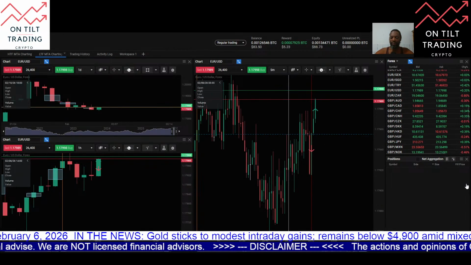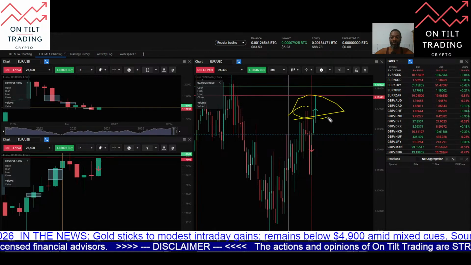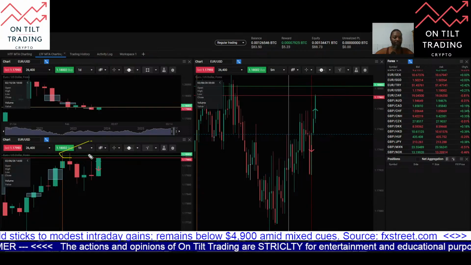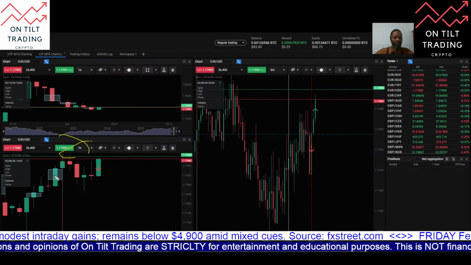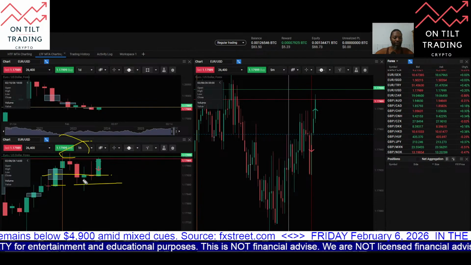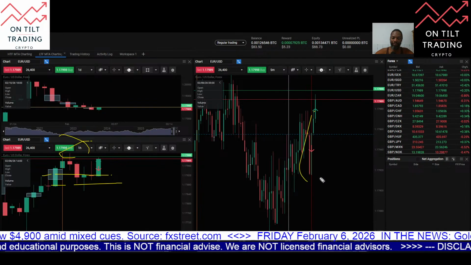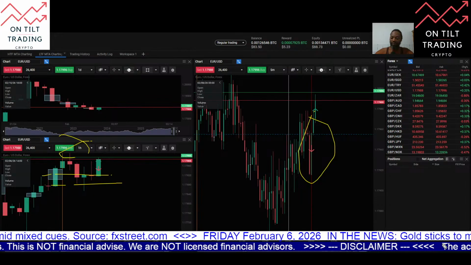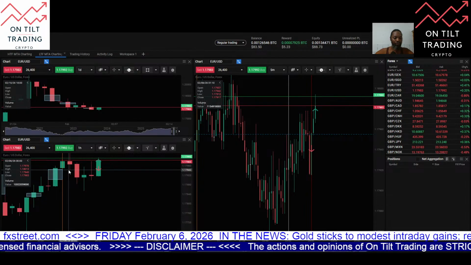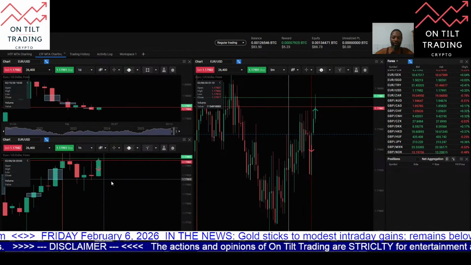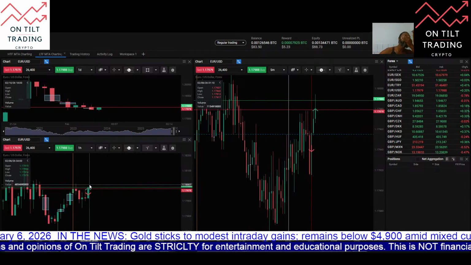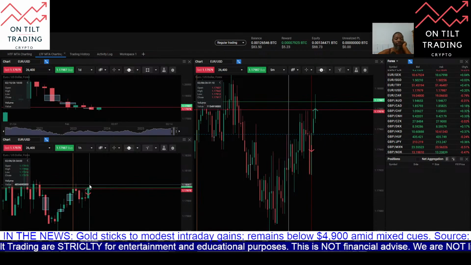Two things here. One, these equal highs may have been problematic, but the most important thing I think is my structure here on the hourly is still bullish, and this gap is still respected. So like trying to get a jump on that, and I've been screaming about the 1 hour chart being structurally out of position.